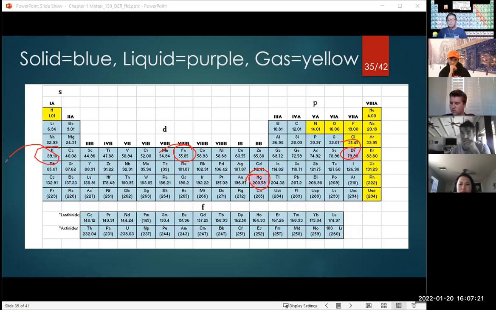What's the physical state of oxygen? It's a gas. What about bromine? Bromine, oh, guess what? It's a liquid. Mercury, okay, it's a liquid. So if you mark up the periodic table with this information, you know automatically what the physical state is, at a glance.